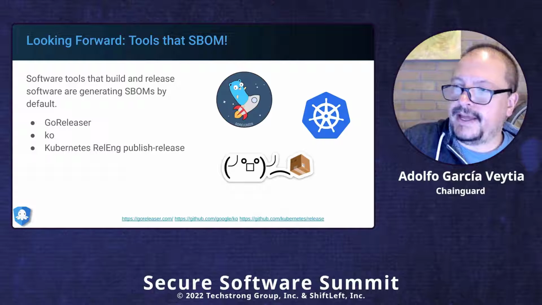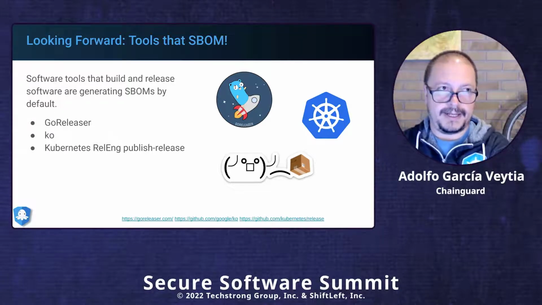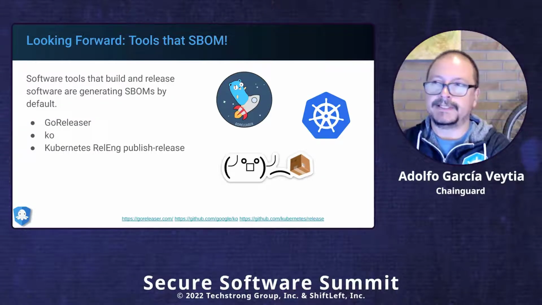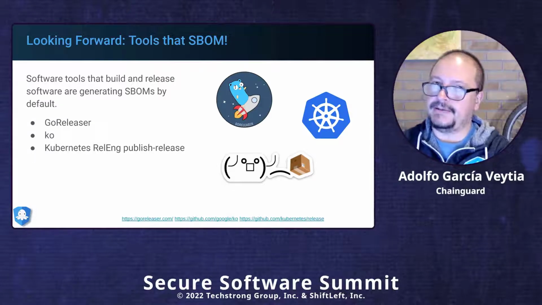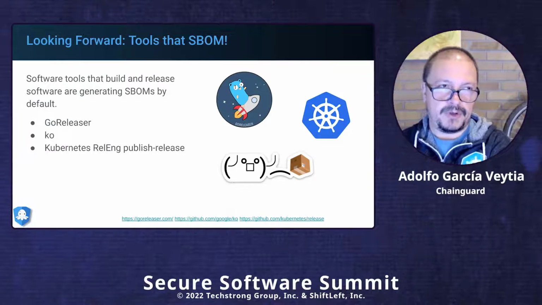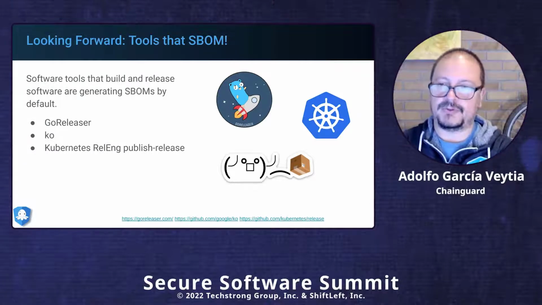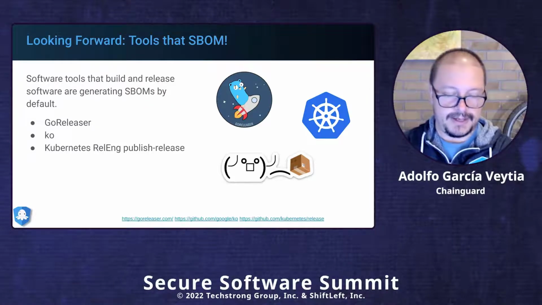We believe that we're going to be seeing this trend more and more among tool makers and software release projects that are out there. It basically means that more and more, whenever you publish a software release, inadvertently you're also going to be generating an SBOM with it.